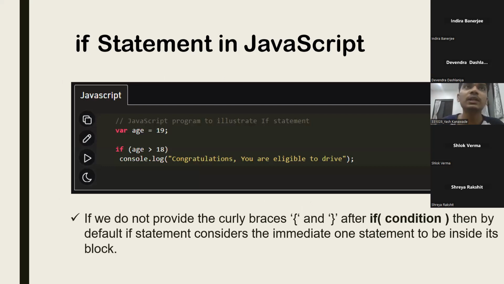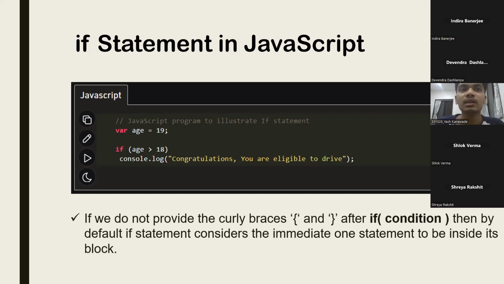First is the if statement. Here we can see an example where we have taken a variable of type var, age equal to 19. The condition is age greater than 18. As 19 is greater than 18, the condition is true, and it will print congratulations, you are eligible to drive.